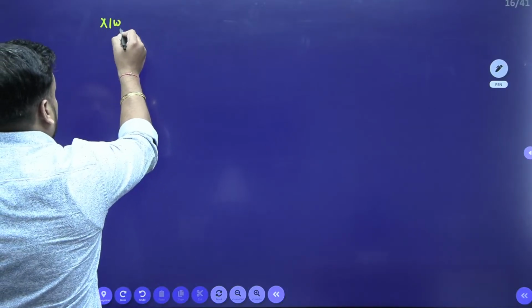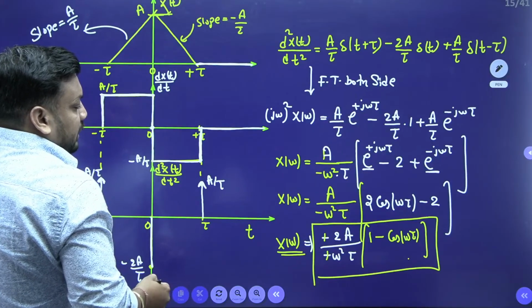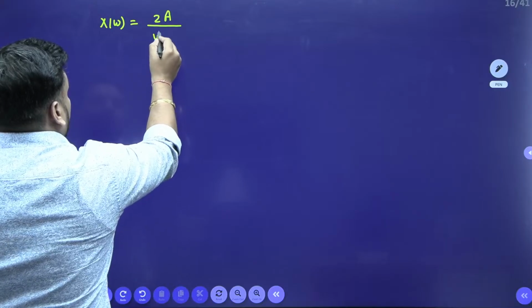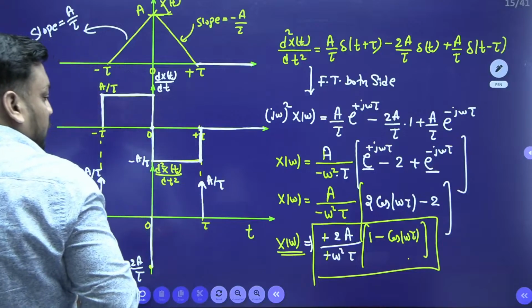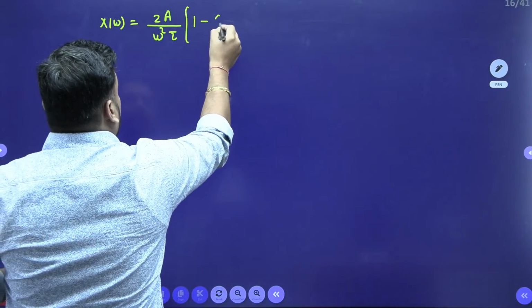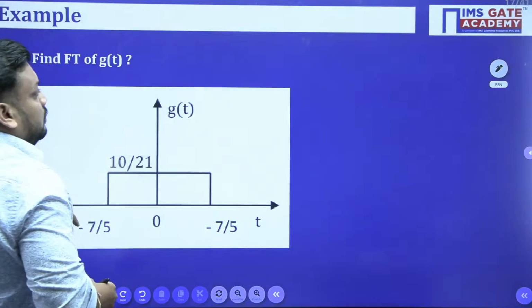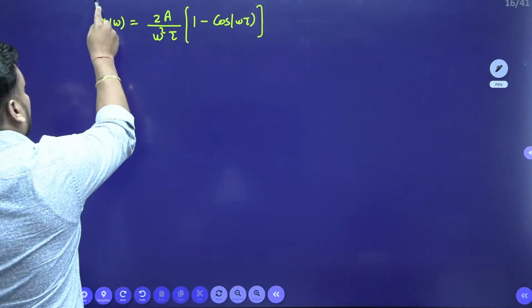Whatever the result, I am just writing here: X(omega) equal to twice A upon omega square tau, and inside the bracket 1 minus cos of omega tau.